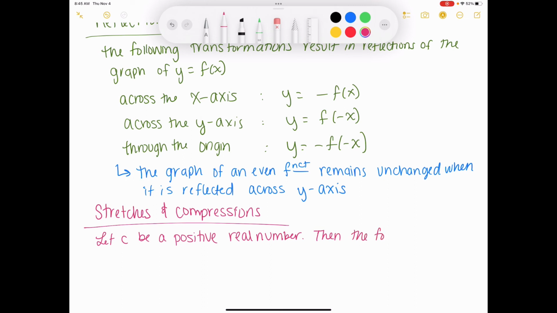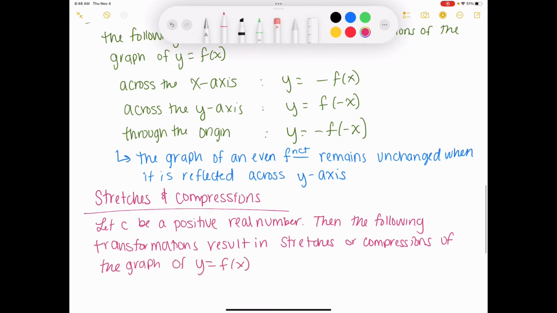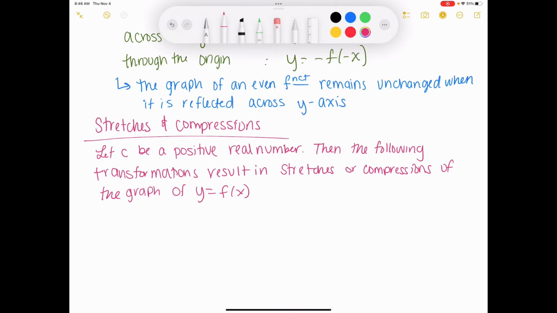Then the following transformations result in stretches or compressions of the graph of y is equal to f of x. Horizontal stretch or compression.